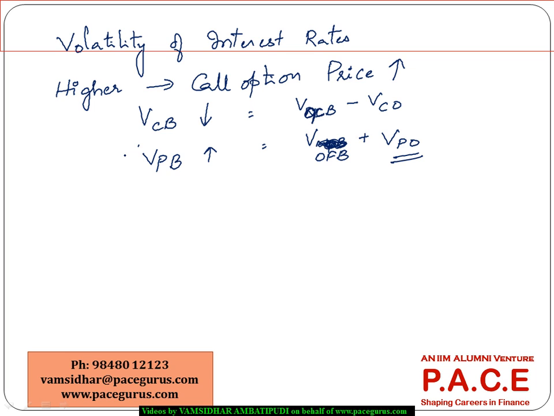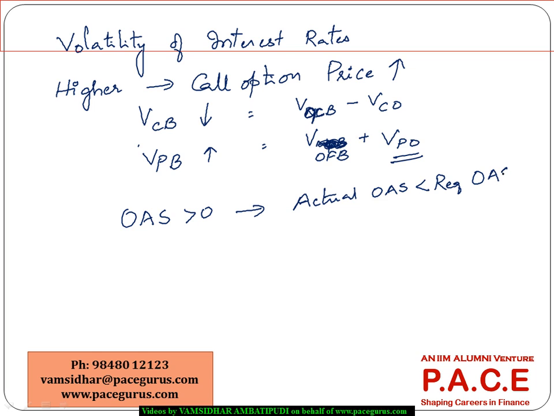will keep increasing. Just as a summary, whenever the option adjusted spread is positive, all I have to see is whether the actual OAS is less than the required OAS.